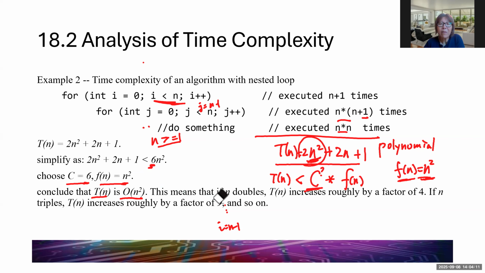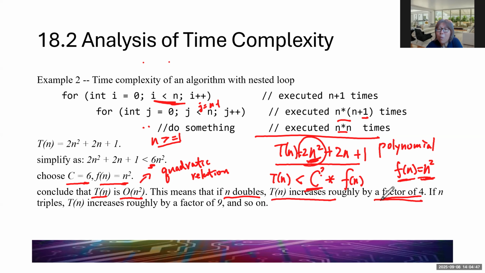Because F(n) is n squared, we know this relation is not linear like the previous example. This relationship is a quadratic relationship. What does this mean? That means when n doubles, the running time will roughly grow by a factor of 4.